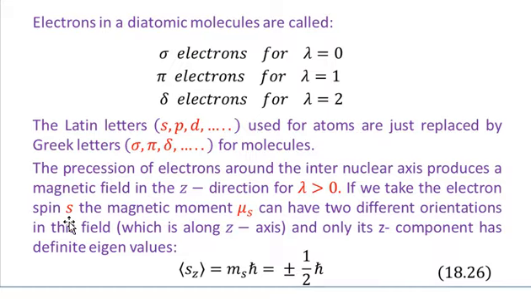But here I am talking about the spin of the electron represented by s. The magnetic moment mu s can have two different orientations in this field, one along the z axis, and only its z component has eigenvalues.